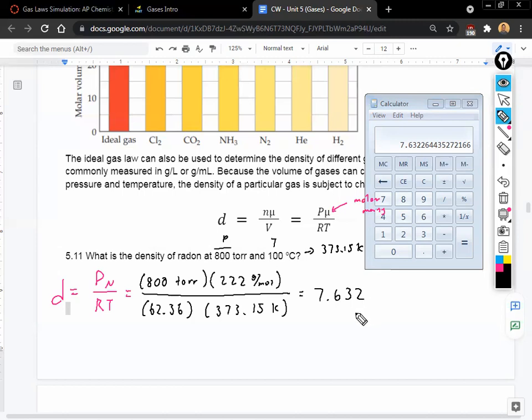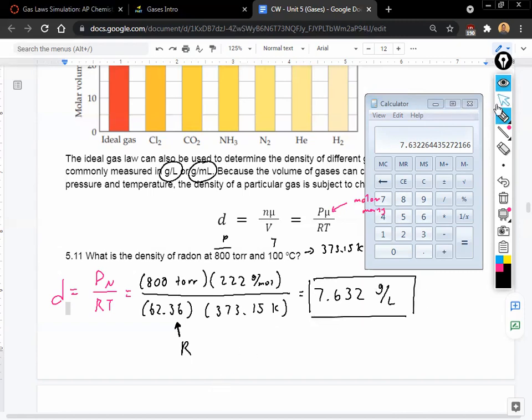Okay, now we need to figure out what the units are. Now it says that it can be grams per liter or grams per milliliter. But if you guys take a look at this value of R, the gas constant, you should see that it has liters inside of it. So the final answer is going to be grams per liter, okay?